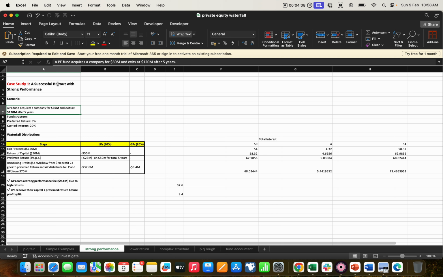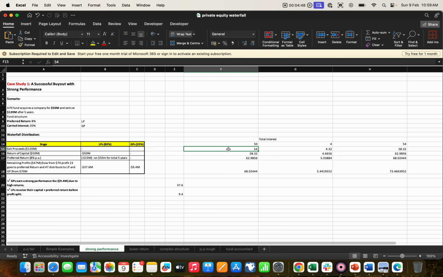Okay, so let's understand. Again the preferred return goes to the LP, and the carried interest goes to the GP. So here the example is exit at 120 million, return of capital is 50 million. So 50 million is what the LP has invested. Then the preferred return is 8%. So how did the 23 million come? It came over 5 years. For example, on 50 million, if you calculate 8%, 4 million will come.